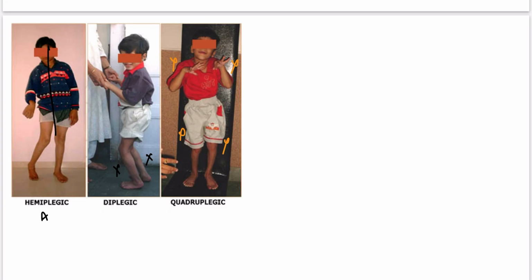Now let's learn in what all these conditions do we appreciate such a scenario. Firstly, half of the body, hemiplegic cerebral palsy. It is usually seen in cases of stroke, particularly perinatal strokes. Because of affection of one side of the body, you will see a typical circumduction gait. This child can also have early handedness, that is a preference of the hand towards one side, right?